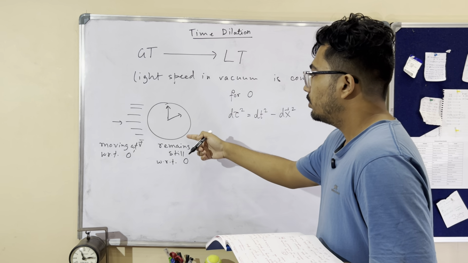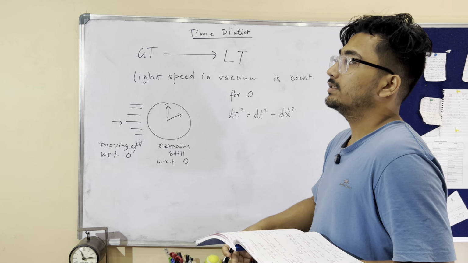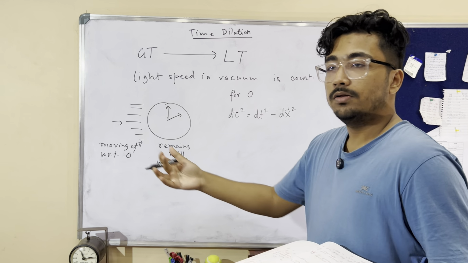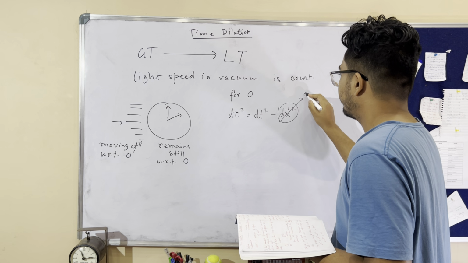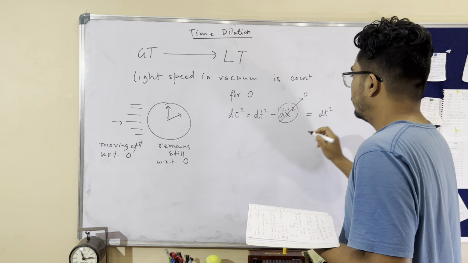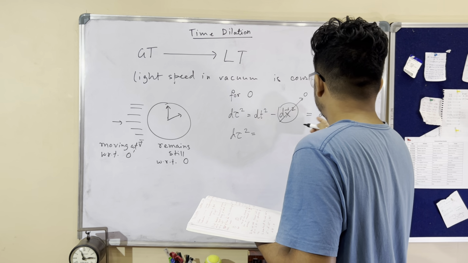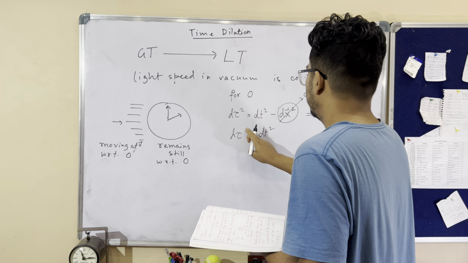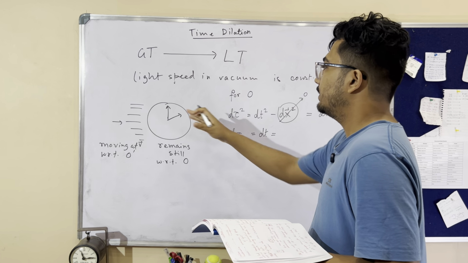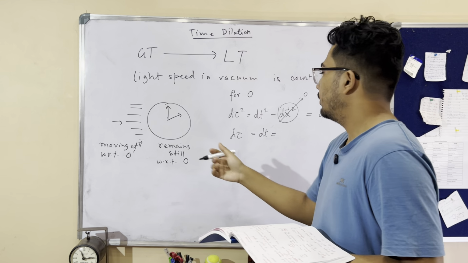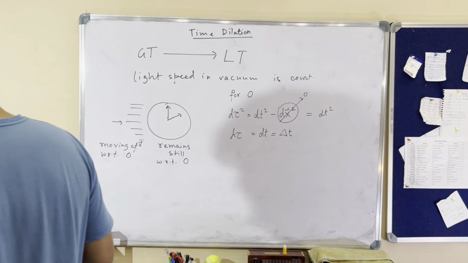As O sees the clock still, and sees that the clock is in the same position as time evolves, O doesn't see any dx, so this is 0 for O. So for O, d tau squared is exactly dt squared, or we can omit the squares. d tau is exactly equal to dt, and suppose between two ticks of the clock that's delta t.